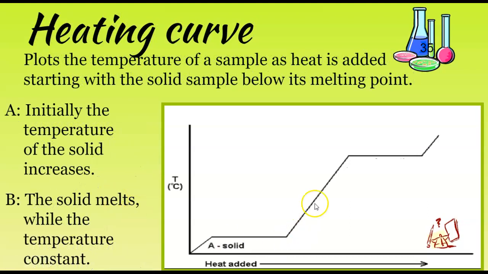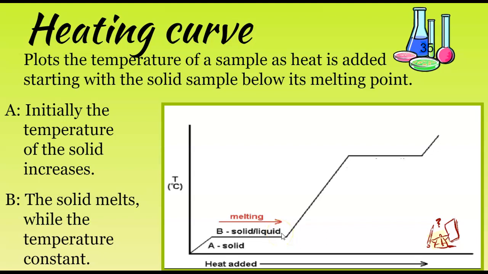All right, so we're going to start labeling the heating curve. First off, you have this diagonal line right here. Again, solid sample below its melting point. So this is a solid. Now we're going to get to this line. This line is melting. It indicates melting is going on. During the melting phase, you have both a solid and liquid at the same time. Well, Miss Go, how does that happen?